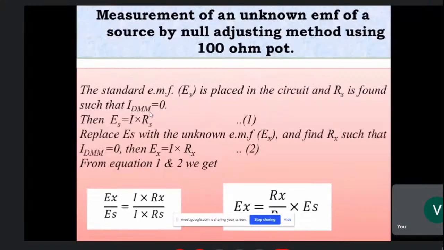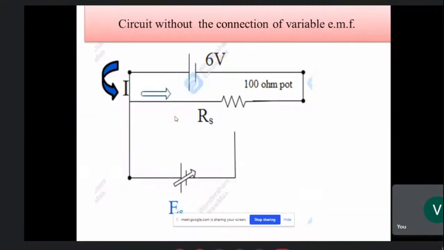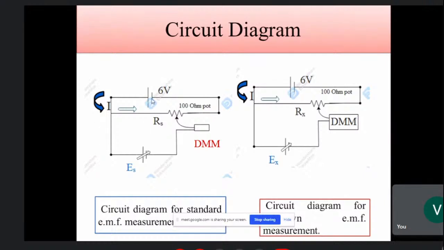If we put the standard EMF here, then ES equals I into RS. In a similar manner, if we put another source here, then current goes through that way, and EX is equal to I into RS.